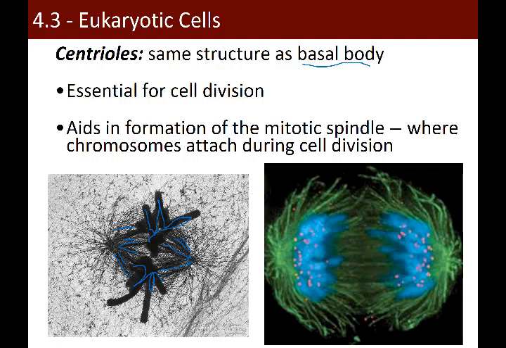And then in the center here, one on each pole, we have the centrioles. And so these are the organizing centers for the mitotic spindle, and they're essential to help prepare all of these structures for moving the chromosomes during cell division. When we come back and talk about mitosis, we'll see this in action.